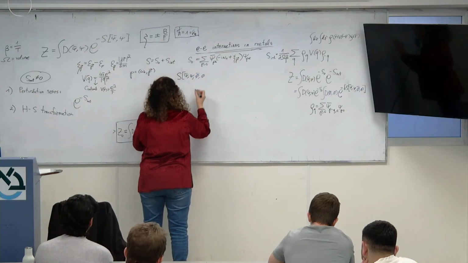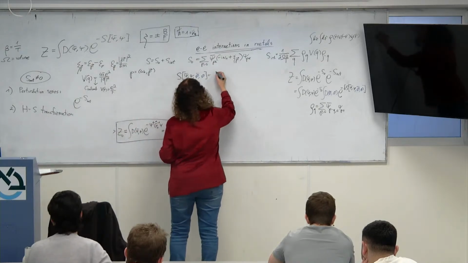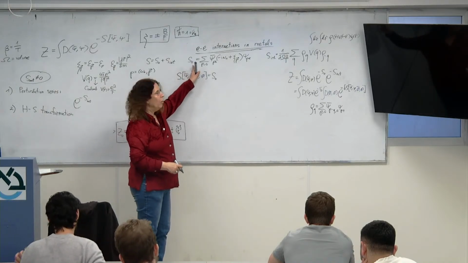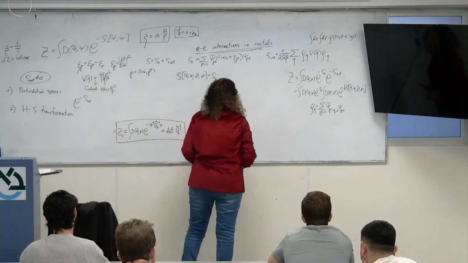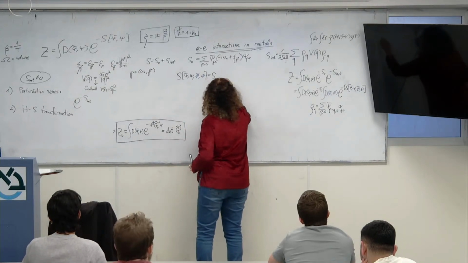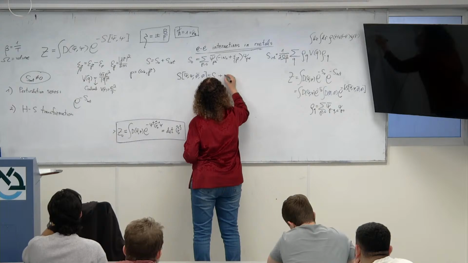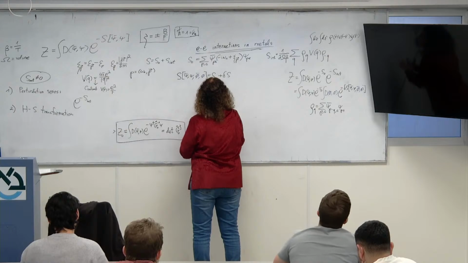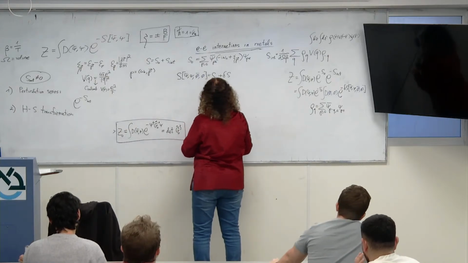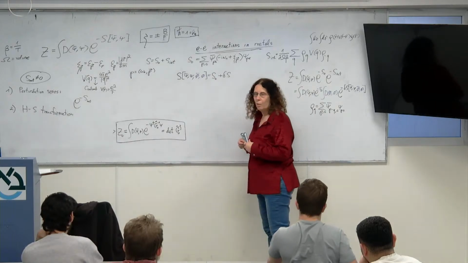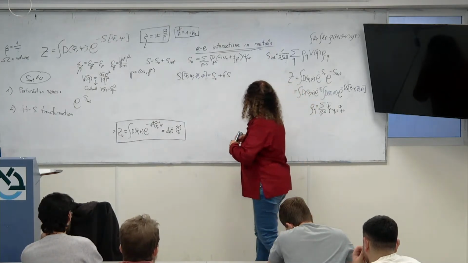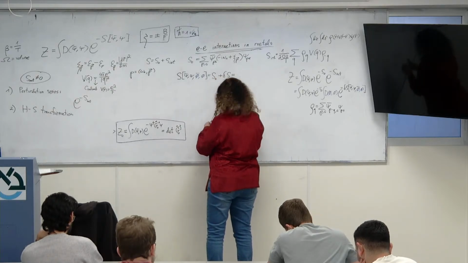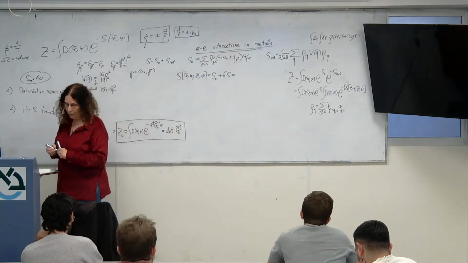So what is it? First of all, it's S naught, which is just the free electron, plus a delta S. And delta S is the part that depends on psi as well as on phi. I can write this whole thing as follows.